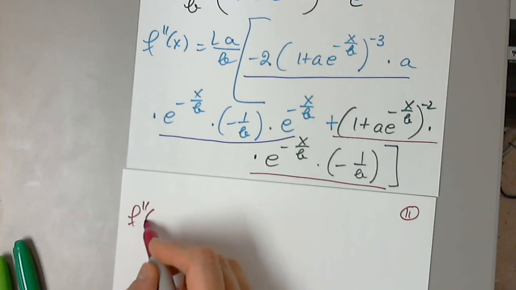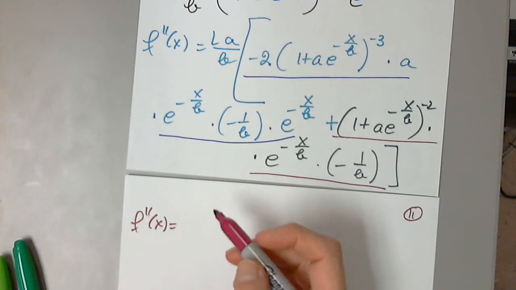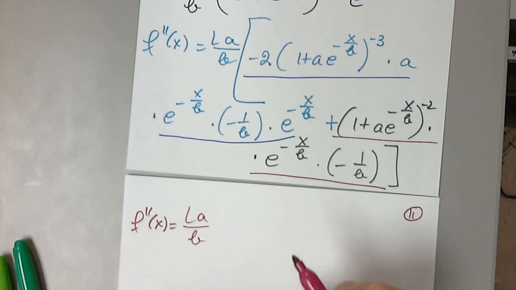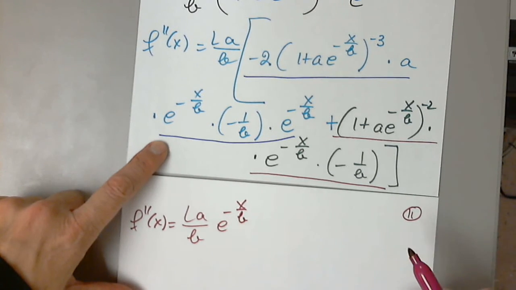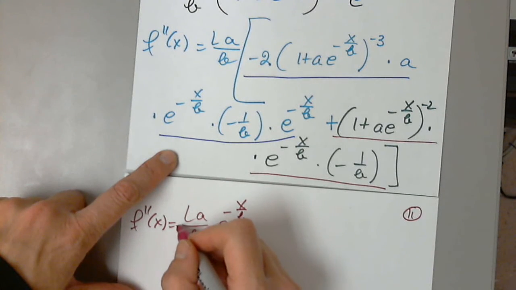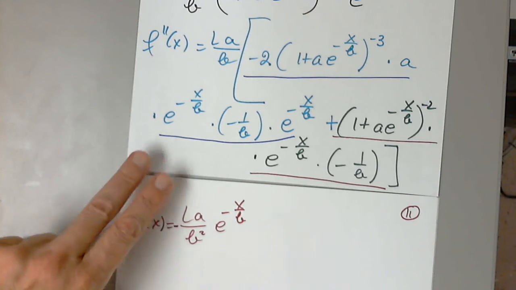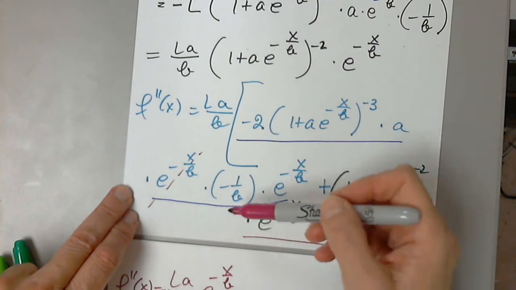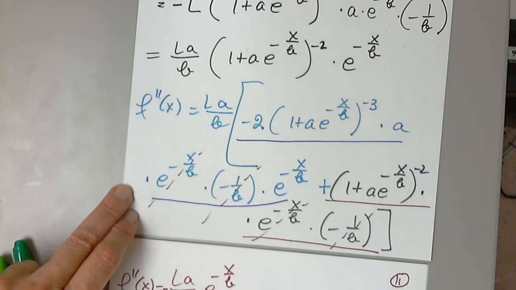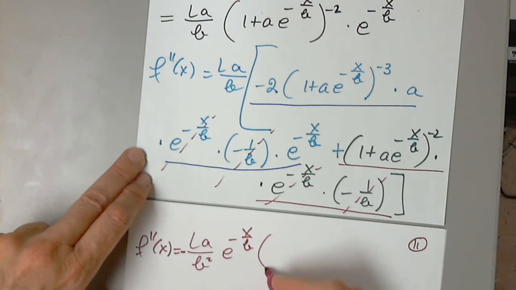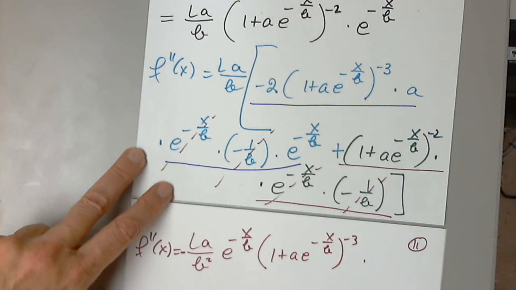So then the second derivative is LA over b. Okay, what is out? e to the negative x over b is out. I will put a negative in front and put b squared because negative 1 over b is also out. So this is gone from both, of course. And also (1 plus a e to negative x over b) to negative 3.